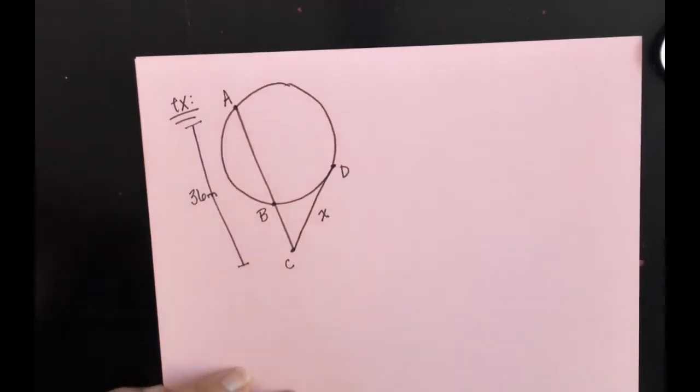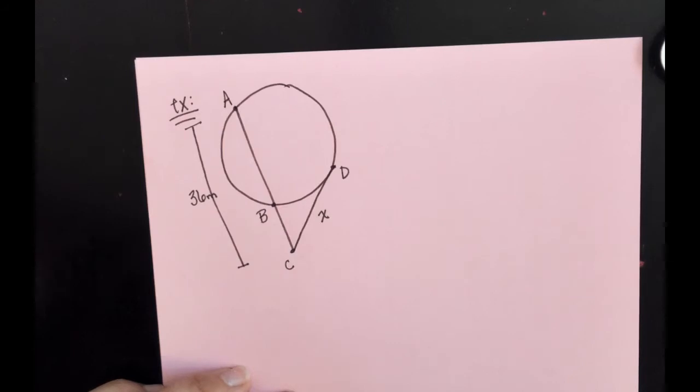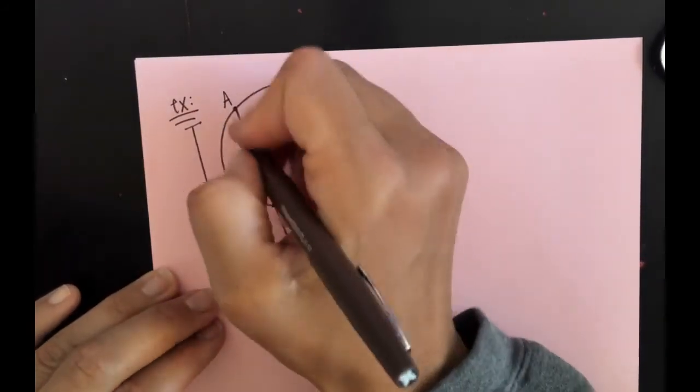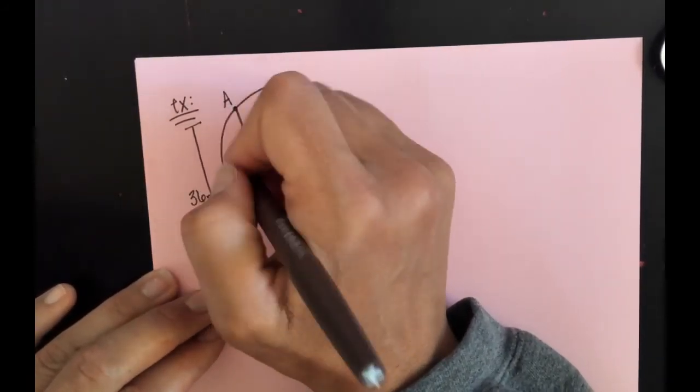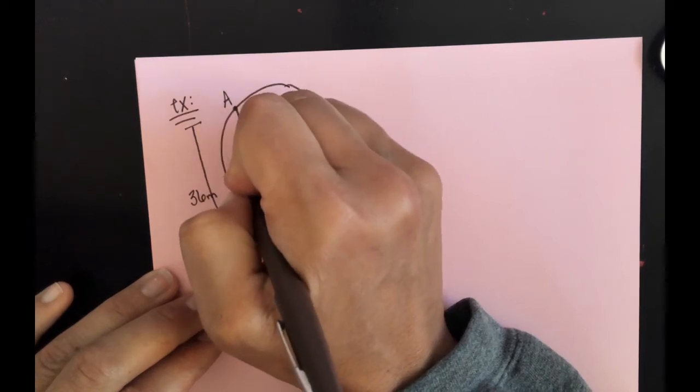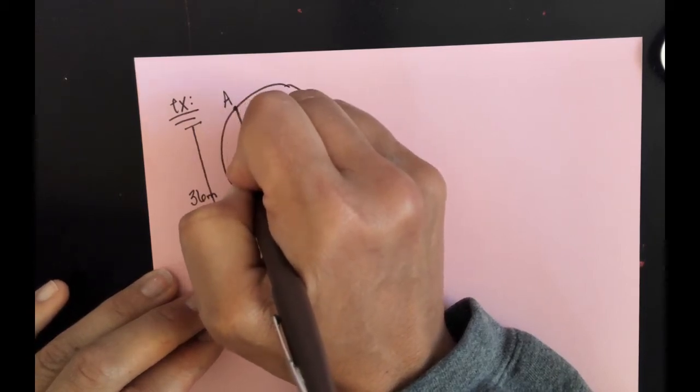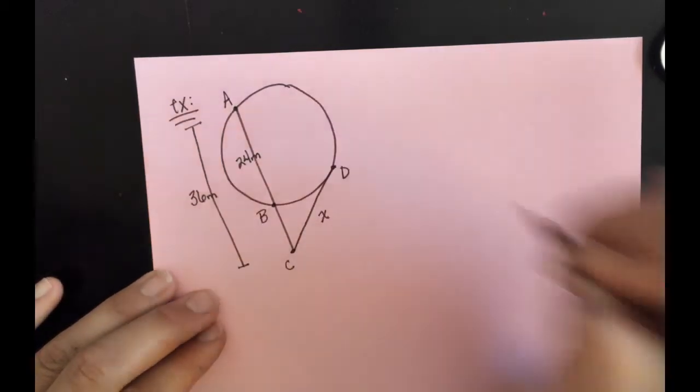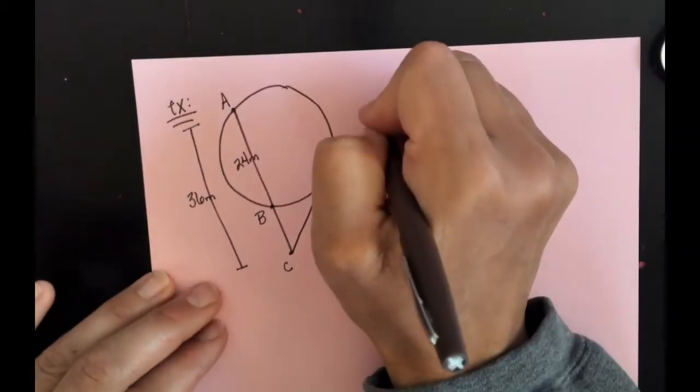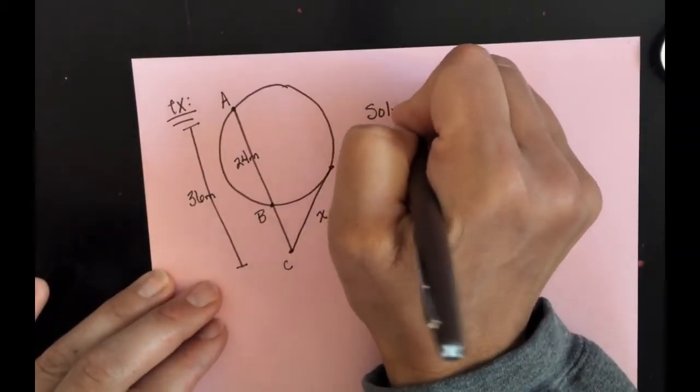We'll figure out what that one is. And we'll say that this one is 24 meters. And we want to solve for x.